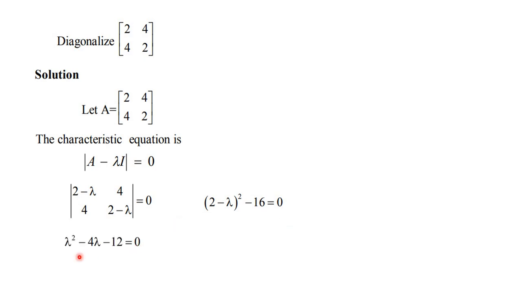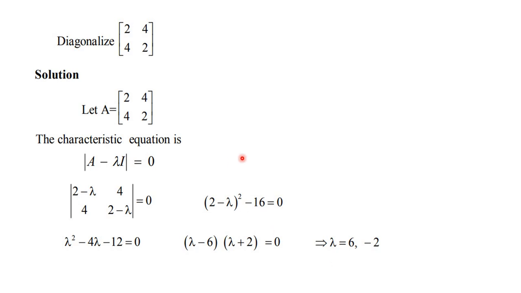Expand, we have lambda square minus 4 lambda minus 12 equal to 0. Solving this quadratic equation, we have lambda minus 6 into lambda plus 2 equal to 0, and the values of lambda are 6 and minus 2. So the eigenvalues are 6 and minus 2.